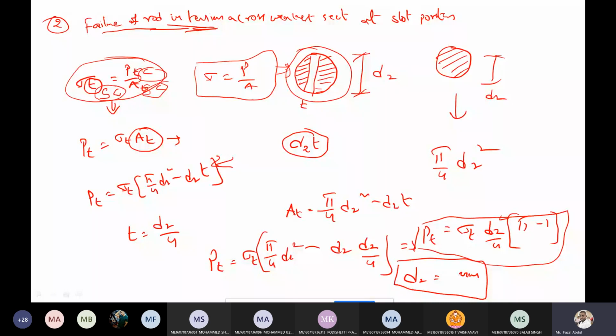Okay, now the third point. Third point is failure of the rod in crushing.